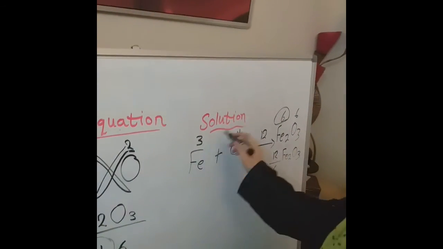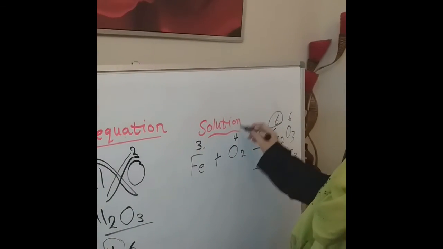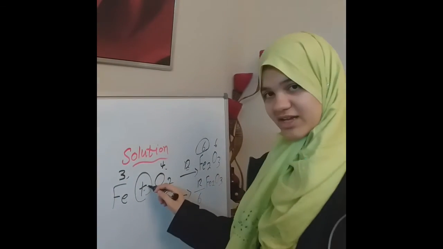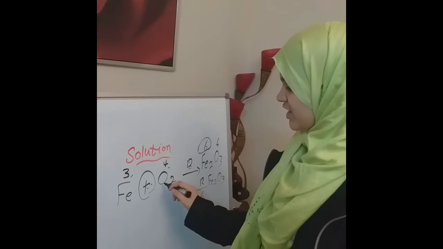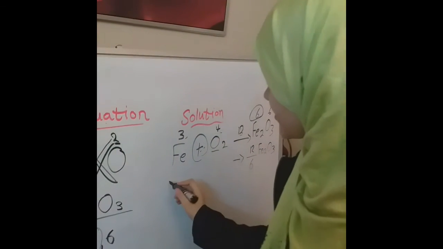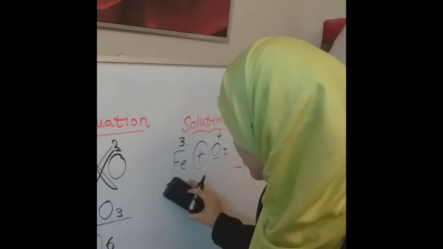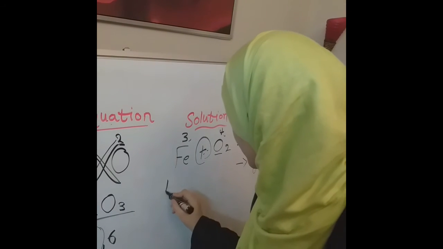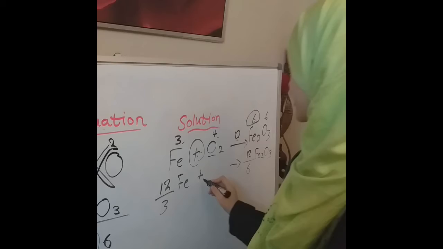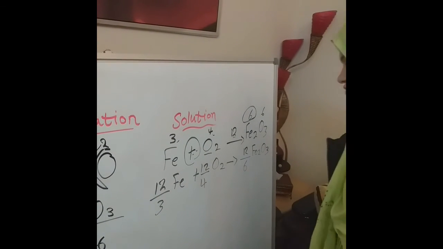Here we will divide also 12 by 3 and 12 by 4. Why will we divide also by 4? Because there is a plus sign. I told you that if there is a plus sign, that means we will divide the element also here. So that means it will be 12 over 3 Fe plus 12 over 4 O2.